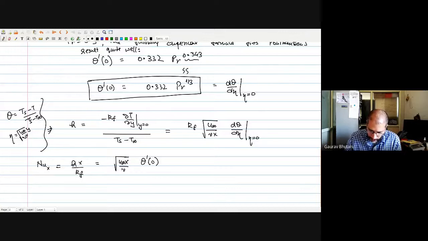And remember, this u infinity x by nu is nothing but the Reynolds number based on the length x. We will use the subscript x because Reynolds number requires a length. In some cases, we use Re L, which is for the whole length of the plate. And there's a square root, there's a half here. And then theta prime 0, we can use this expression that we just wrote above.